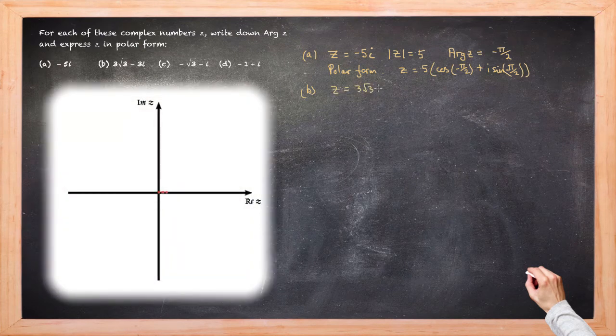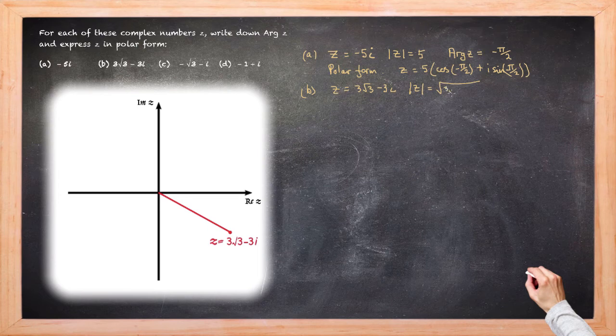Now moving on to part B, we have 3 root 3 minus 3i, so the real part of that complex number is 3 root 3, and the imaginary part is negative 3. So we're down in the fourth quadrant. Now, calculating the modulus of that complex number, remember the formula for that's the square root of the real part squared plus the imaginary part squared.